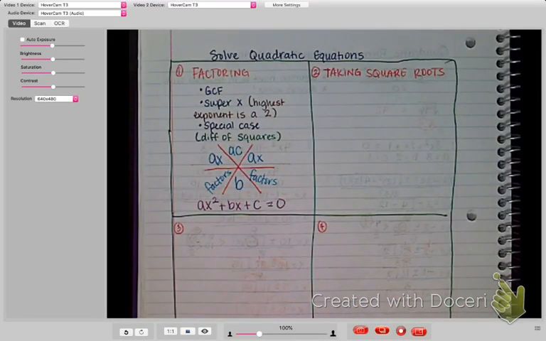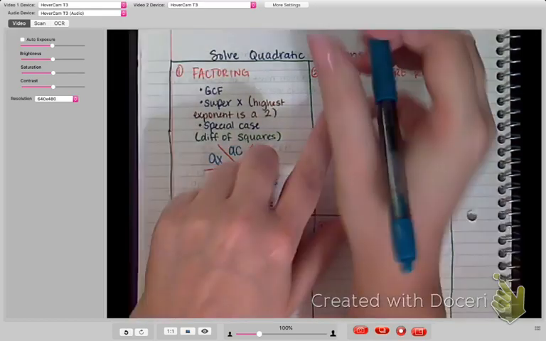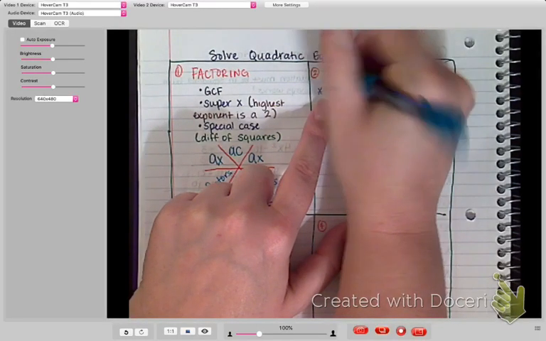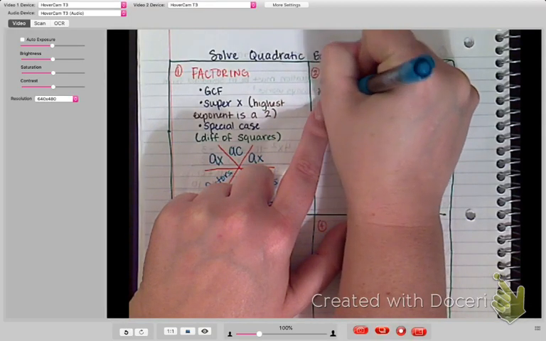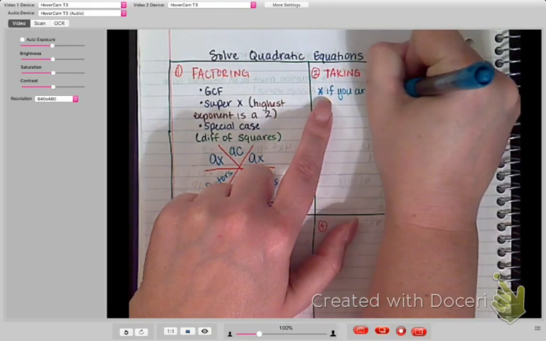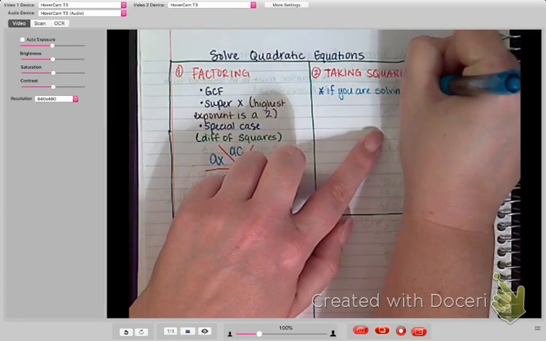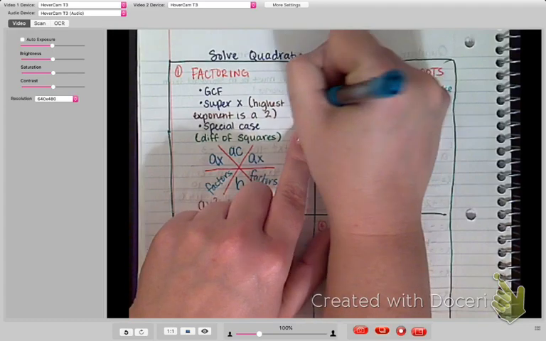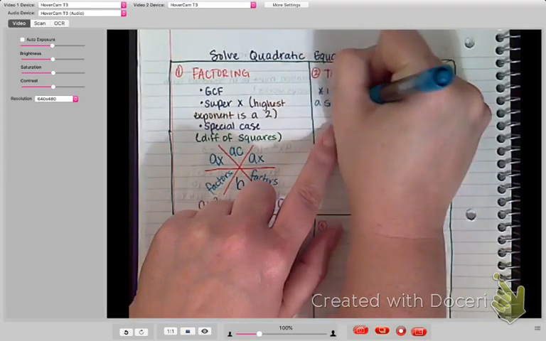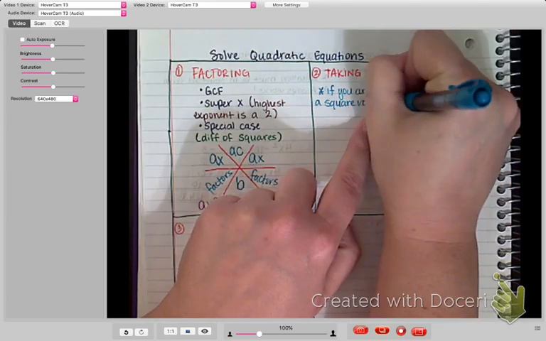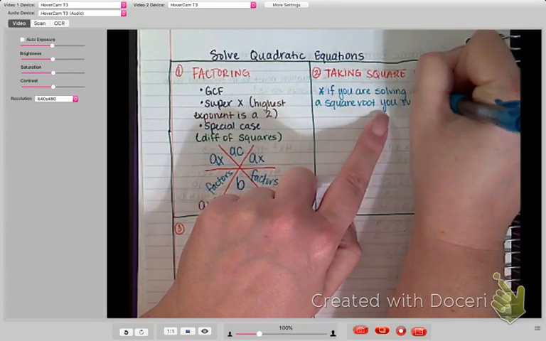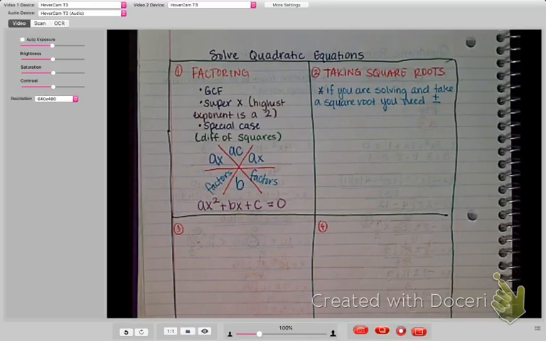There's not a whole lot with this one, but you do want to remember that if you are solving and take a square root, you need a plus minus. Anytime you are solving an equation and you take a square root, you need a plus minus. That's going to give you the 2 answers that you need.